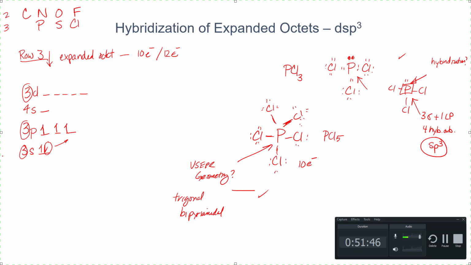You cannot hybridize a 3 and a 4. You can only hybridize 3s. So this paired electron, if I'm going to unpair it, I'm going to need enough energy to get it to the 3d. So if this is the ground state, then the excited state would look like this.